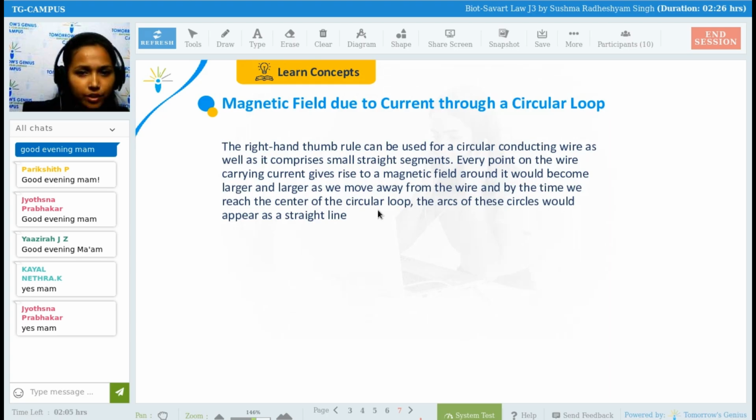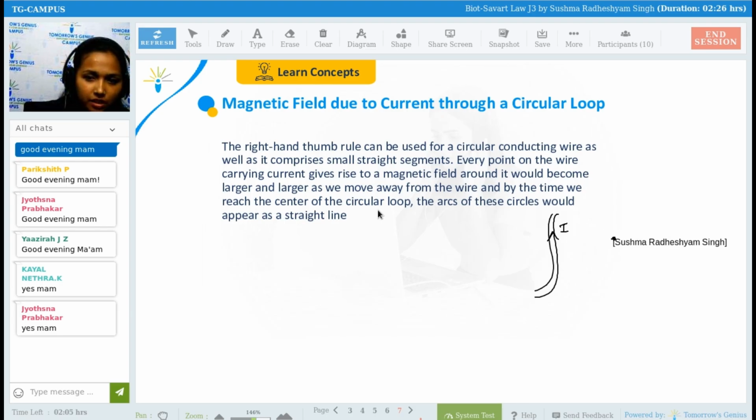So, magnetic field through a current-carrying circular loop. Simply, if I say here a point Q is present, around this, let's say this is a conducting wire. In that wire, current I is flowing.